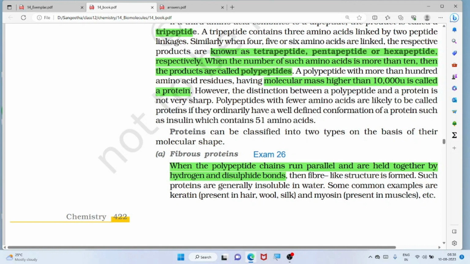The peptide chains are parallel and held by hydrogen bonds and disulfide bonds.